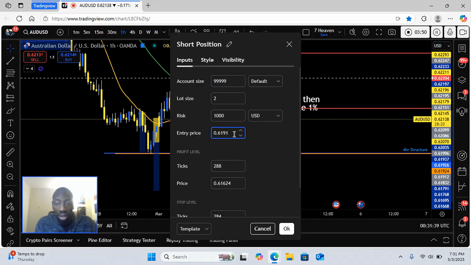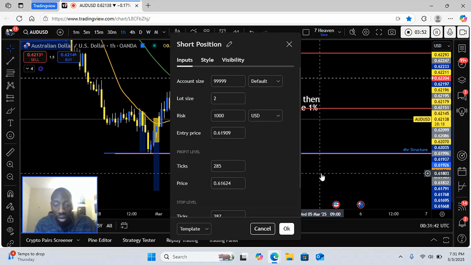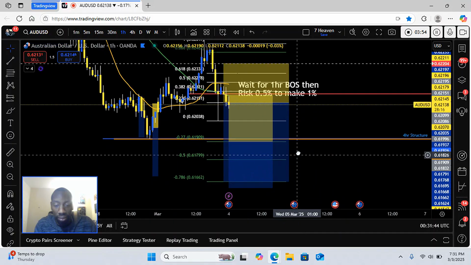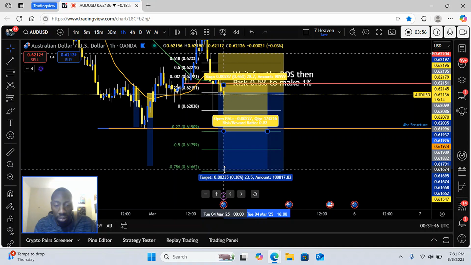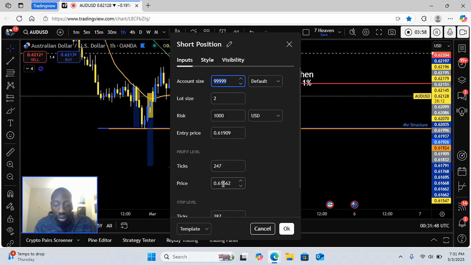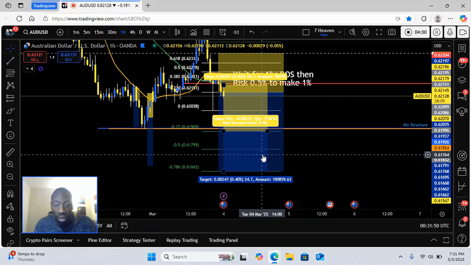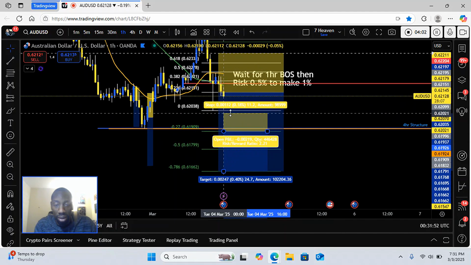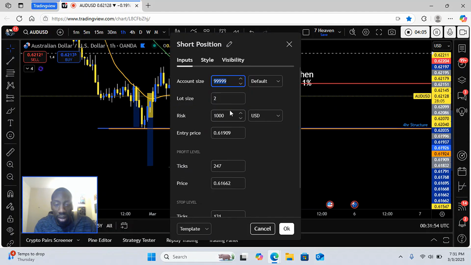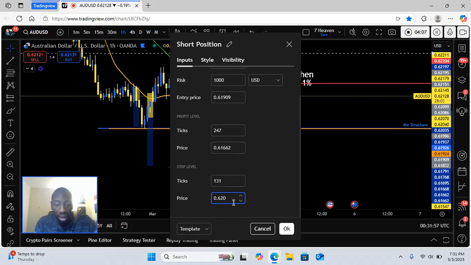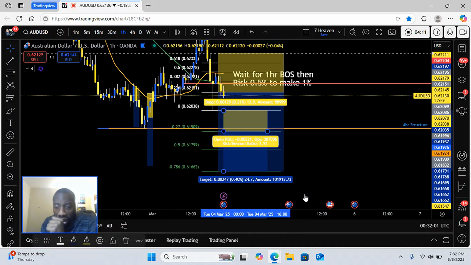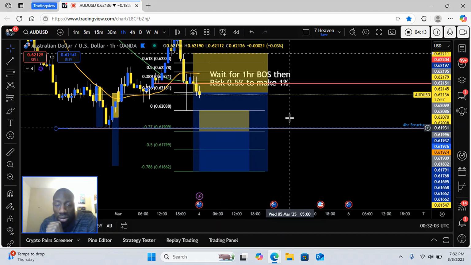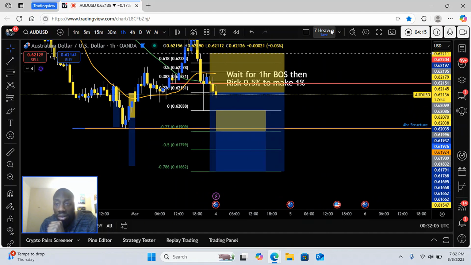Entry is stopping 909, last 3 digits. Target stop be 662. And then stop loss, stop be 38. And that'll be a 13 pip stop loss we got on AUD USD.